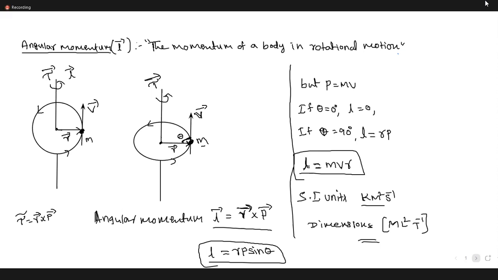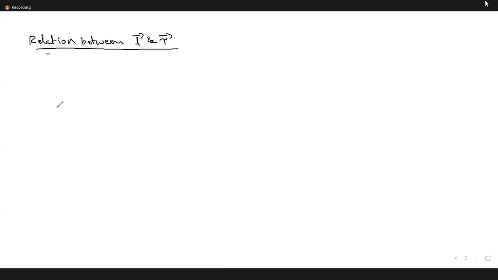So we know that angular momentum L equals r cross p. Differentiate this with respect to time.